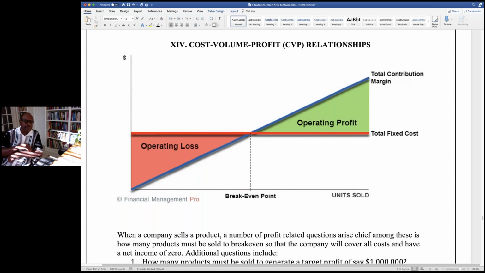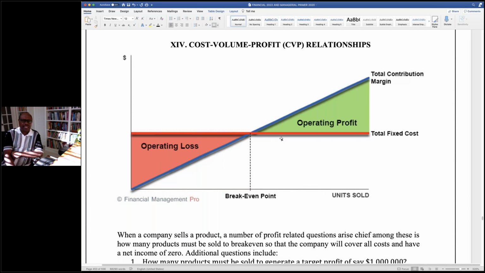Okay, so as we move into cost, volume, profit relationships, this moves us into the planning aspect of managerial accounting. Now, when we were doing job order process costing, that was after the fact. But now we begin to move into planning and what tools we utilize to plan.